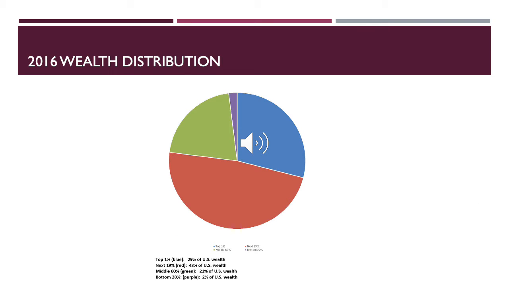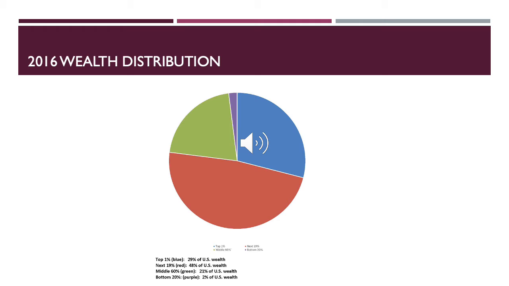Here's an update of that same distribution from 2016, with data again coming from the Brookings Institution. Here, it's done a little differently, because you'll see that the first area in the chart represented in blue actually represents just the top 1% of wealth in the U.S. So the top 1% of households own 29% of all U.S. wealth, with the next 19% represented in red.